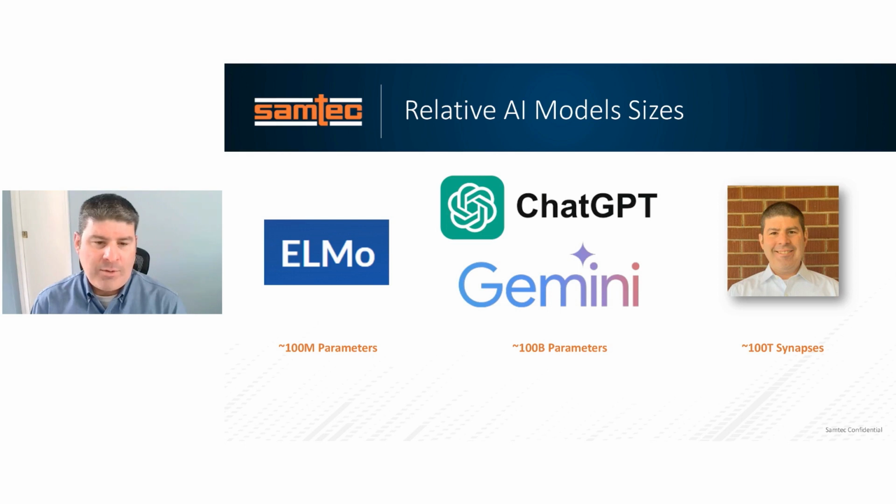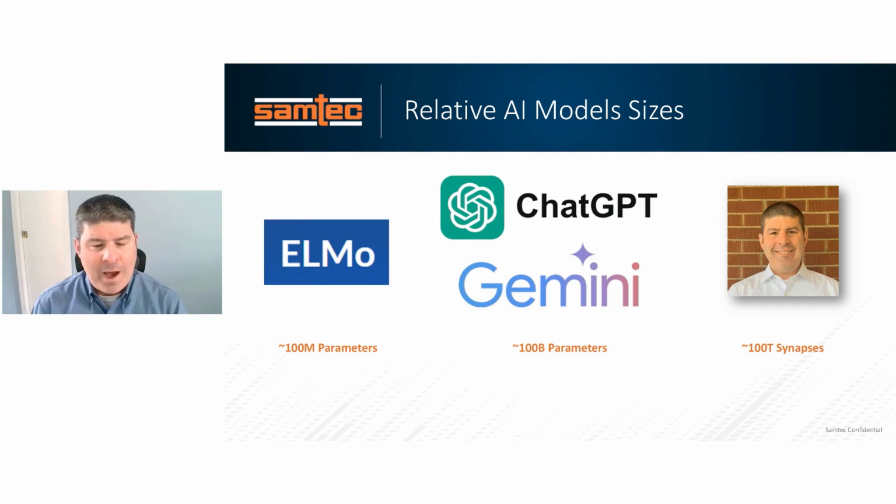The size of the models is growing 10x, 100x almost every year. This is just a few snapshots in time. ELMo was one of the first large language models that became available, back in 2018. It was put out by the Allen Institute for Artificial Intelligence, founded by the Microsoft co-founder Paul Allen, before he passed away.